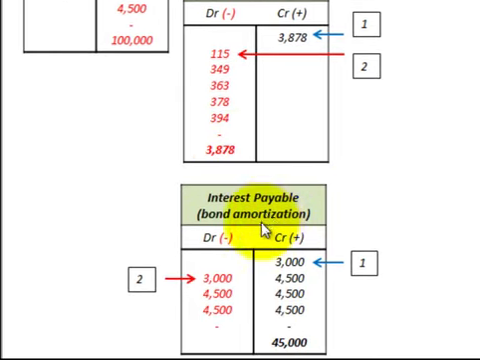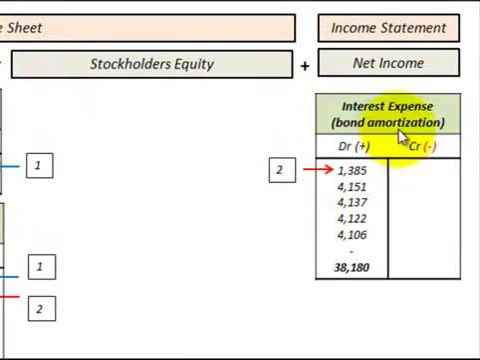Now this interest payable, we'd increase it here for $3,000 for that first portion of that first payment, and $4,500 for each interest expense for each period. Now, on this interest expense, which is part of net income on the income statement, we'd have $1,385 here for the first period, and then we'd recognize the interest expense for each of those following periods.